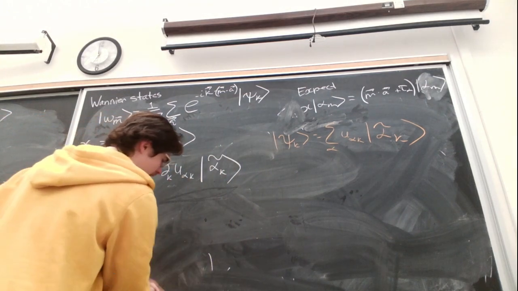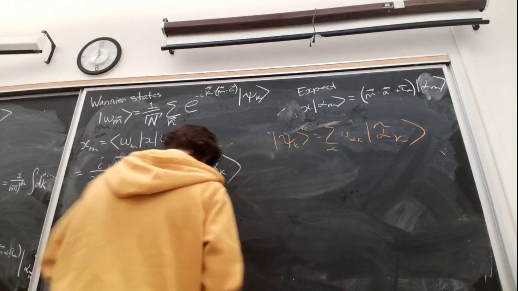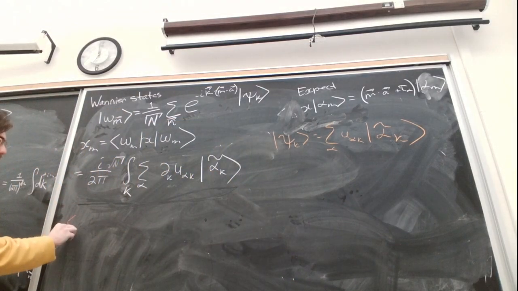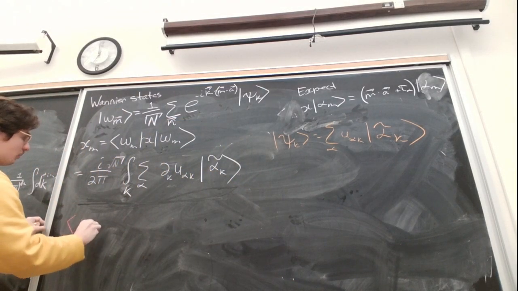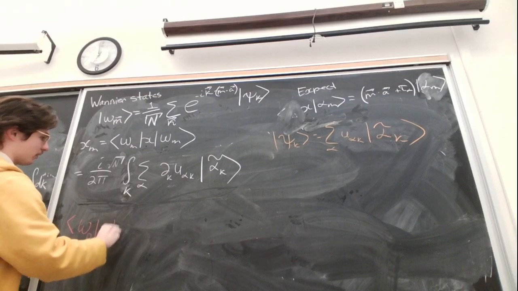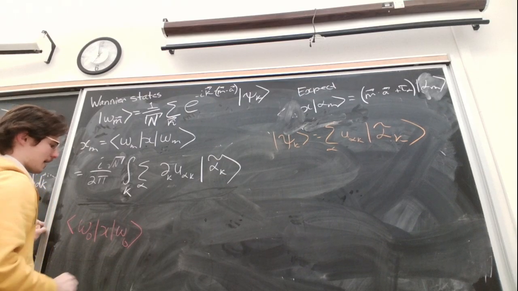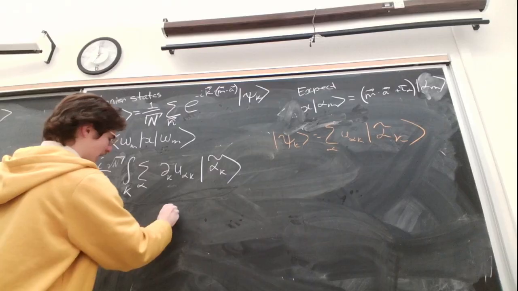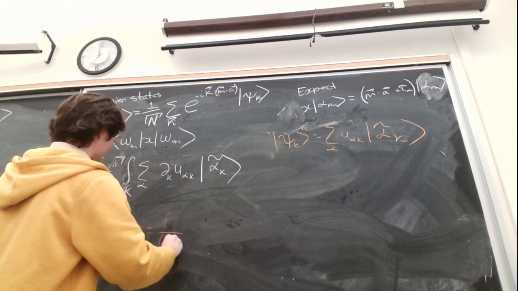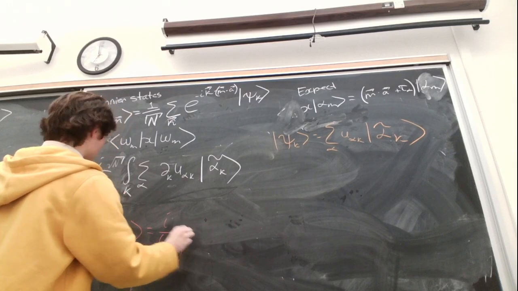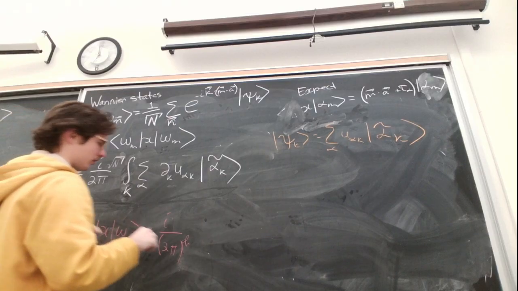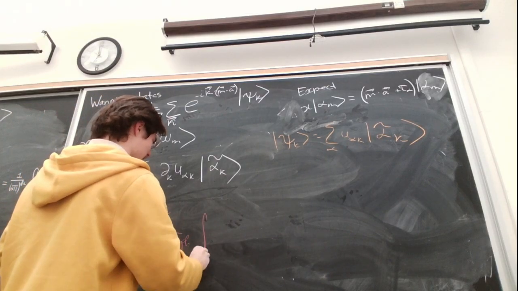Finally, we get to this point, after so much effort, that omega 0 x omega 0 is going to be i over some factor of 2 pi. I think I messed up the dimensions there a little bit, but that's okay.